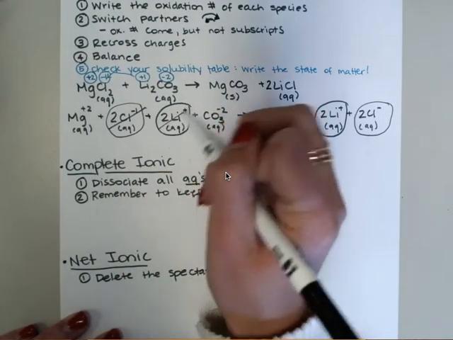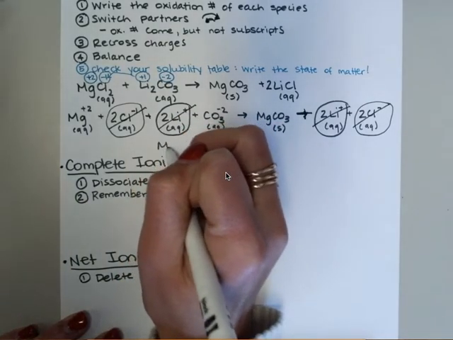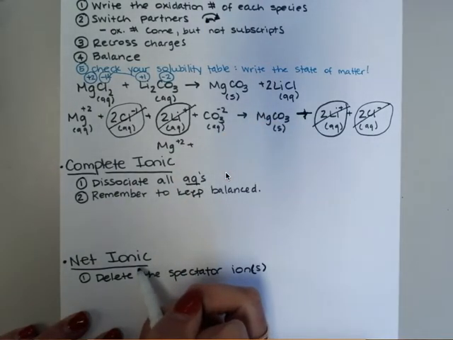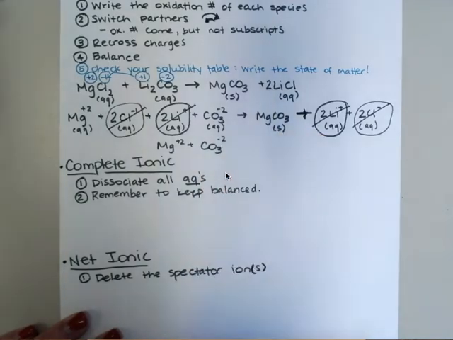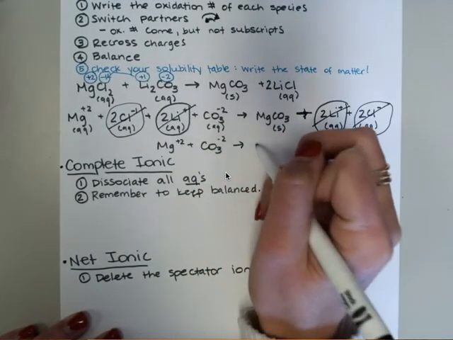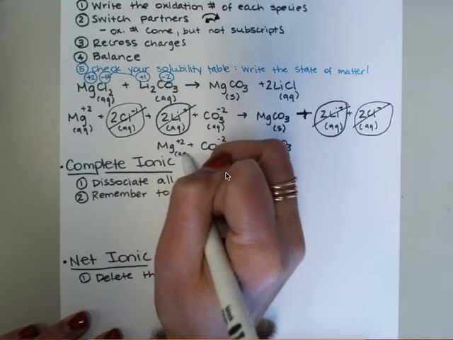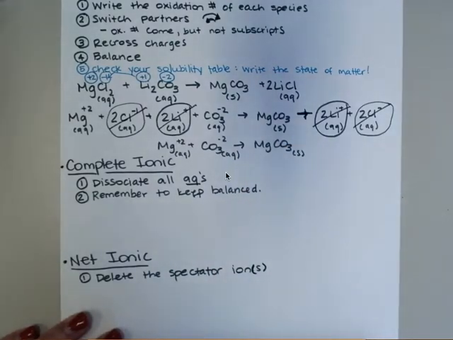So these are my spectators that I delete. And my net ionic equation is just Mg with a +2 charge. It's still an ionic equation. You must show the ions. Plus a carbonate ion makes magnesium carbonate. Again, these are aqueous in solution, and this is solid. And so that is our net ionic equation.